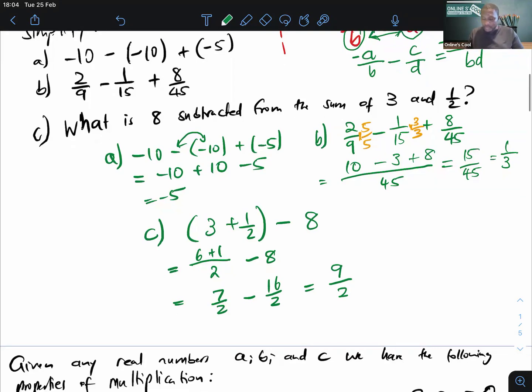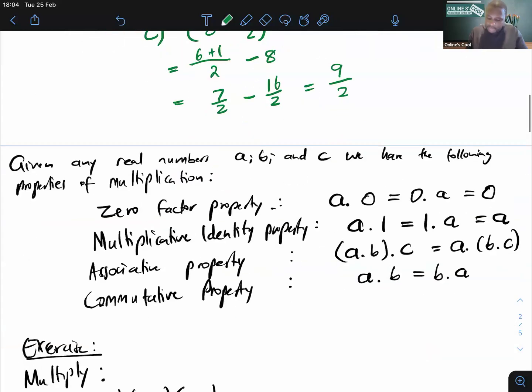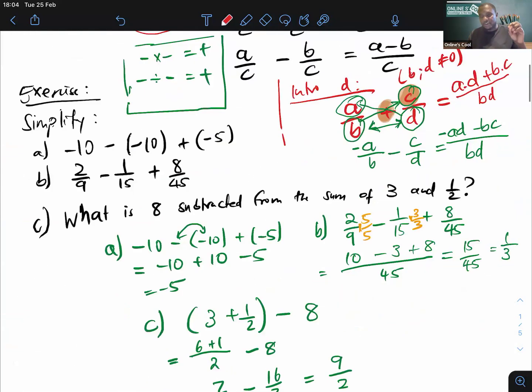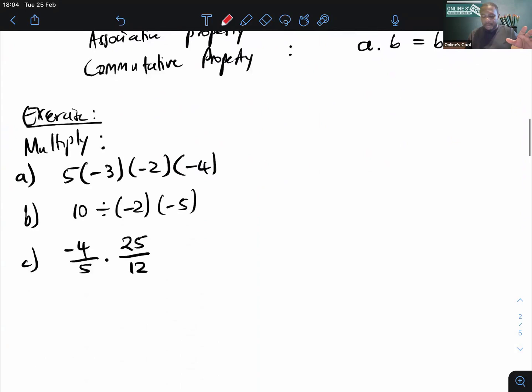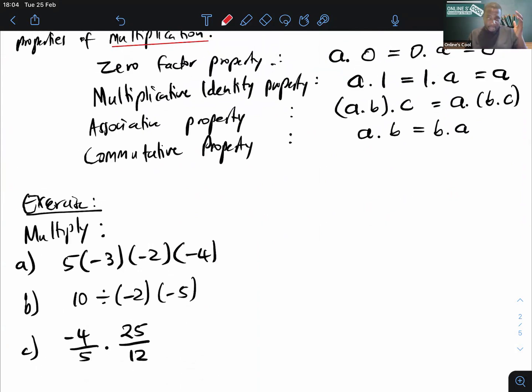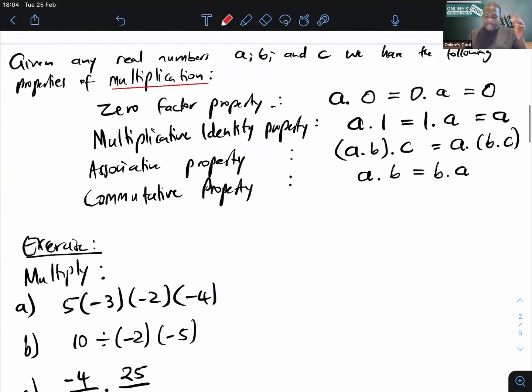Okay. So now we're going to speak about the properties of multiplication. We've spoken about the properties of addition and subtraction because they work almost together. Now we're going to speak about multiplication. And similarly, when we have real numbers A, B, and C, we have the following properties.